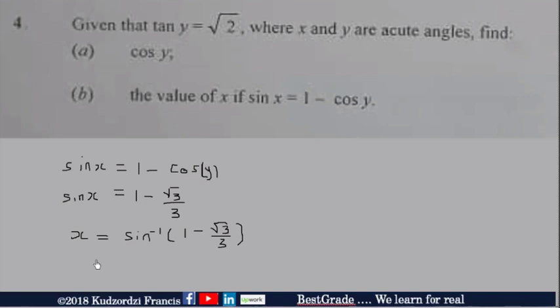Just let's shift to sine. That will give you the sine inverse fraction. And if you evaluate this, you get 25.00, and to the nearest degree you have 25.0 degrees, or simply x is equal to 25 degrees.